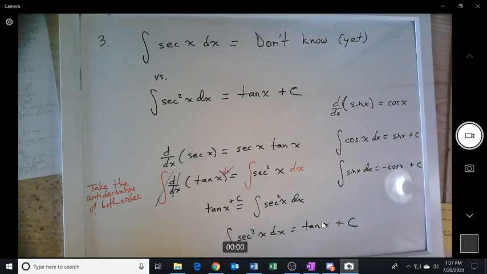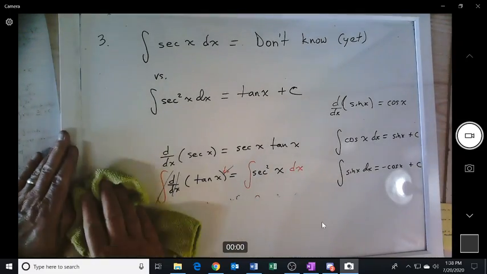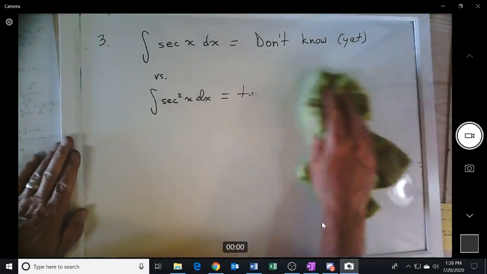Okay, and then if you read in the section, it'll give you more details on the antiderivatives of basic trig functions. And they're all listed. It's page 325. And all right, so let's go on to motion problems.